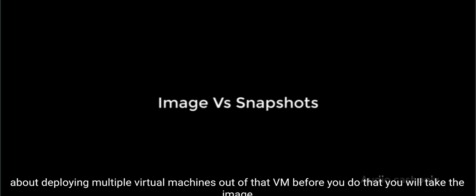But before you do that, you will take the image of the virtual machine and then start deploying virtual machines from that image. This saves a lot of time because you then do not have to install those applications again, do the server hardening procedures again, and redo all the changes in the registry. So that's the whole point of creating an image, which is basically creating multiple virtual machines out of the image.